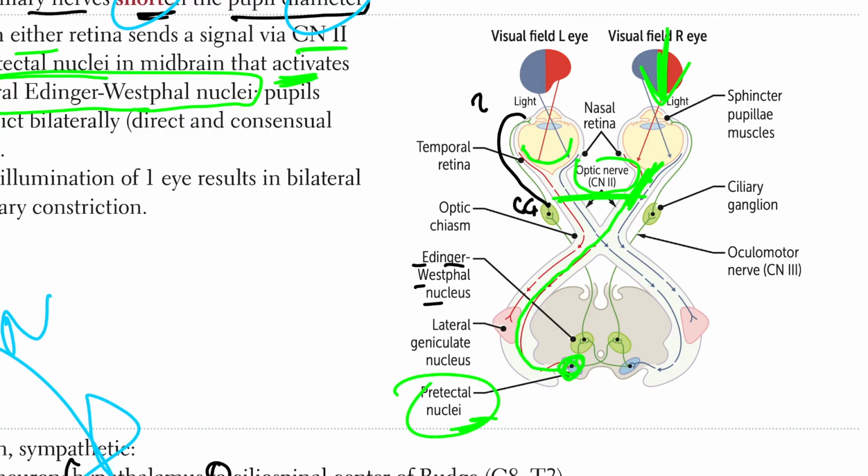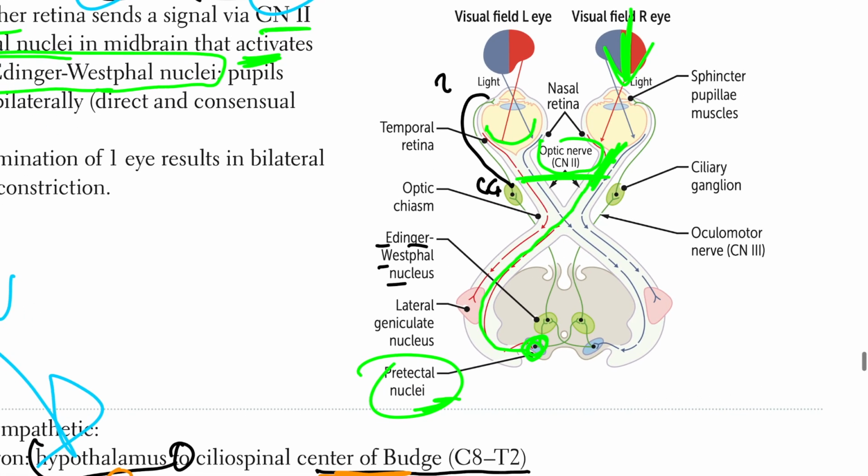The pretectal nucleus, right? Now this one pretectal nucleus, if you take a closer look here, it's going to stimulate both sides of Edinger Westphal nuclei, both sides. Look, this fiber is going here and here. So what's going to happen now is that this side is going to constrict the pupil, and the other side is also going to constrict the pupil, right?